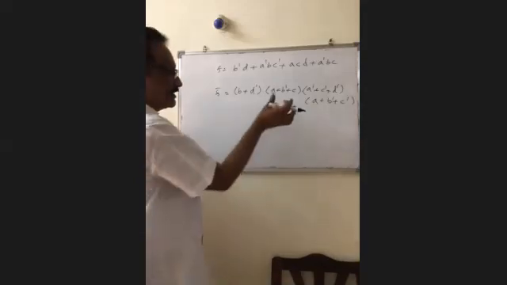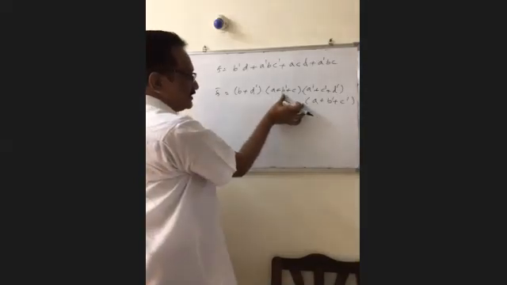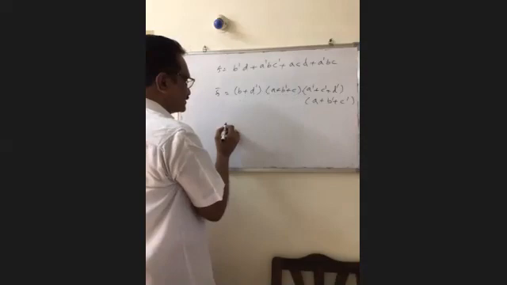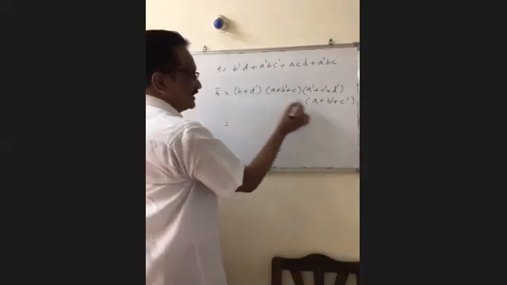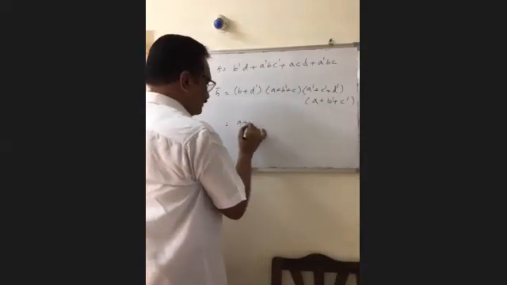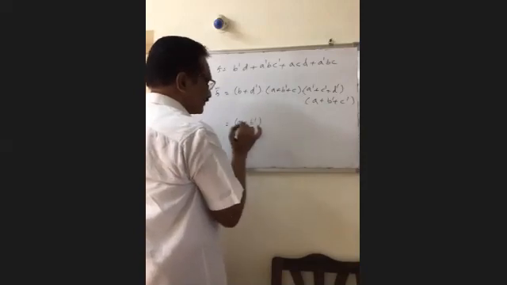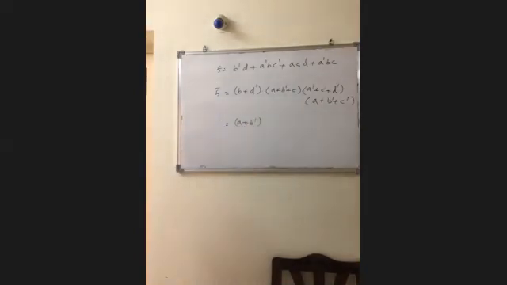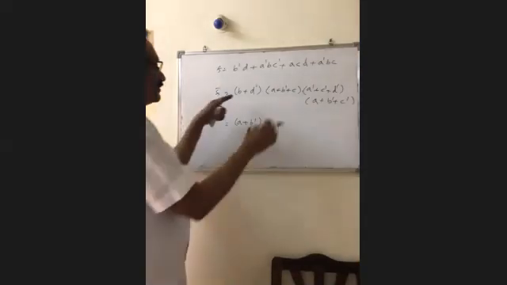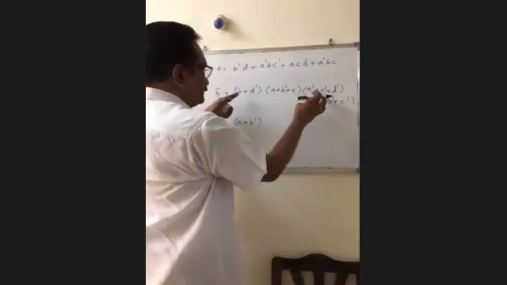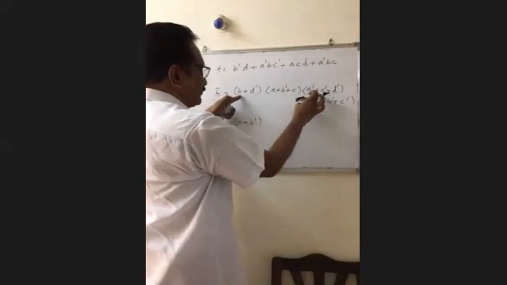So from the second and fourth terms, it can be written as a plus b dash, from the first and the third terms.